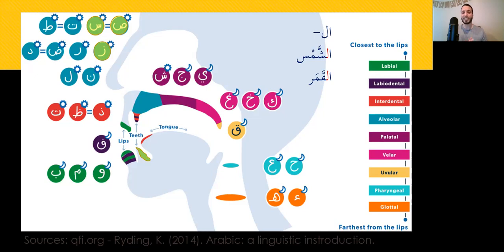Other classes tell you to memorize the 14 solar letters and the lunar letters, and I don't even memorize them. It is very difficult to do it that way. I think doing it this way is much easier, inshallah.